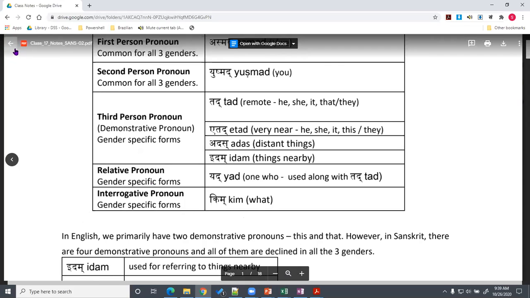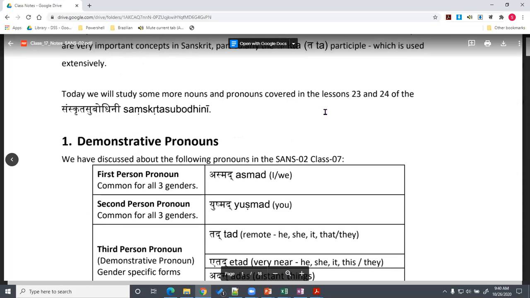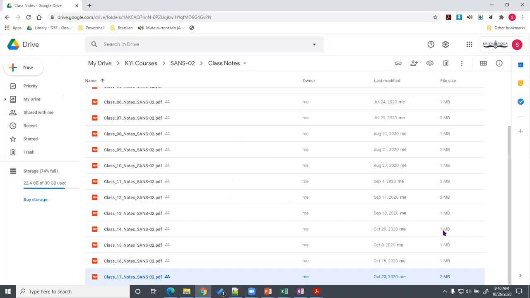I want to tell you about the exercises: we covered two lessons here, lesson 23 and 24. Some of you have submitted solutions for those exercises. Others who have not yet, please continue to solve them, and you can send us the solutions or any questions you may have.